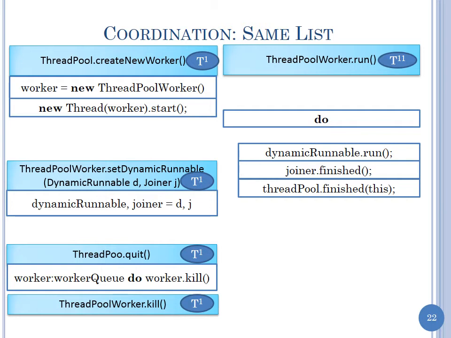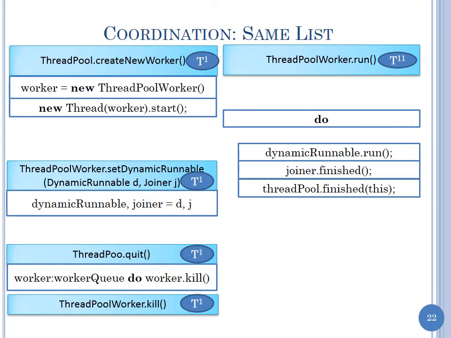Anything else? We need something to block on. We can't just keep going on and on, right? Because we'll execute the same dynamic runnable again and again if we just go through a loop like this. Right? So what should we block on? And what should unblock us? Which method here should unblock us?